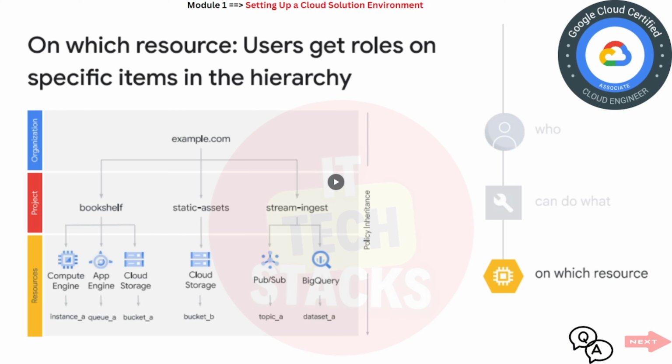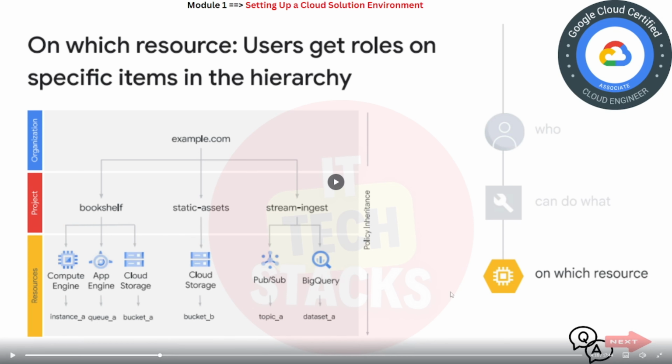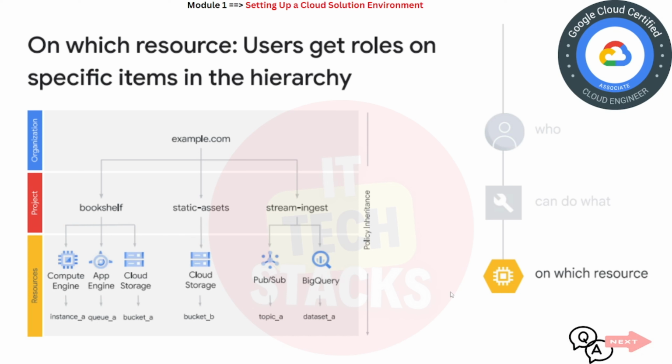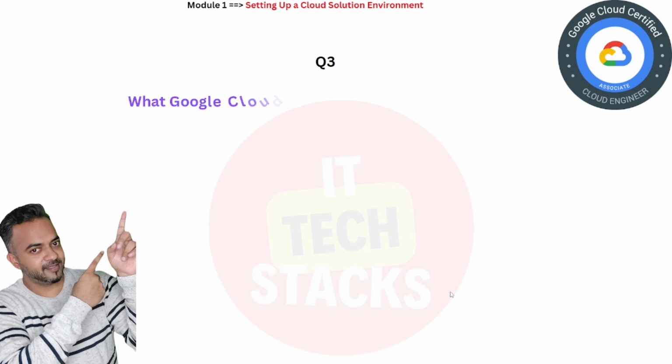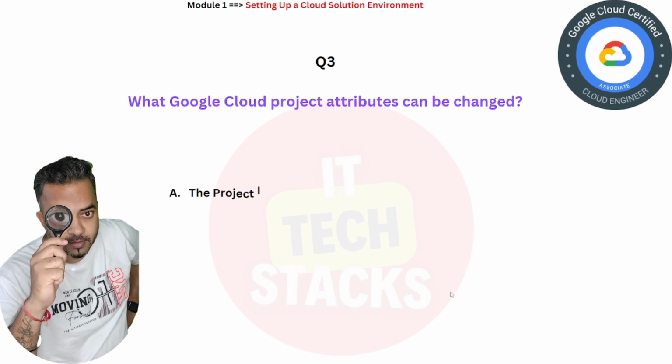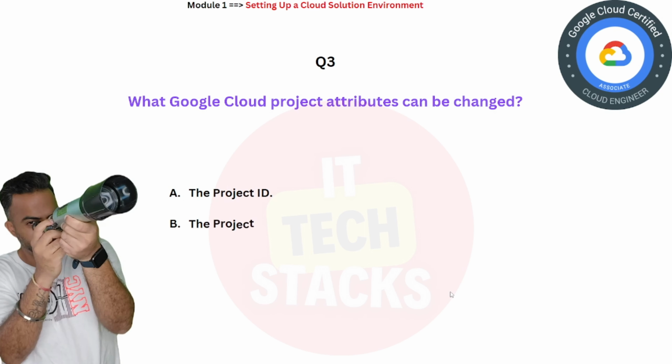Let's begin with question number 3 under the same module, setting up a cloud solution environment. Question 3: which Google Cloud project attributes can be changed? Option A, project ID. Can it be changed?